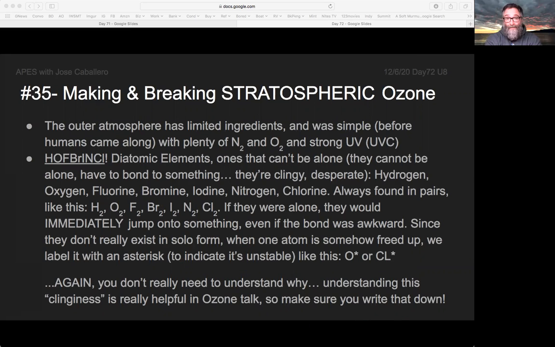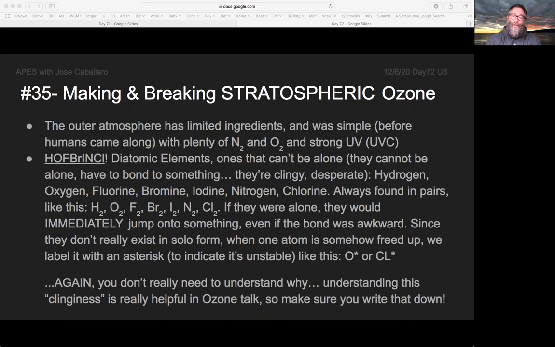It's a bunch of empty space. The two most common gases, nitrogen and oxygen, you should know that they're the most common, right? And there's all types of electromagnetic radiation, including UVC, microwaves, gamma rays. There's all sorts of really strong radiation up there, but the UVC is important.